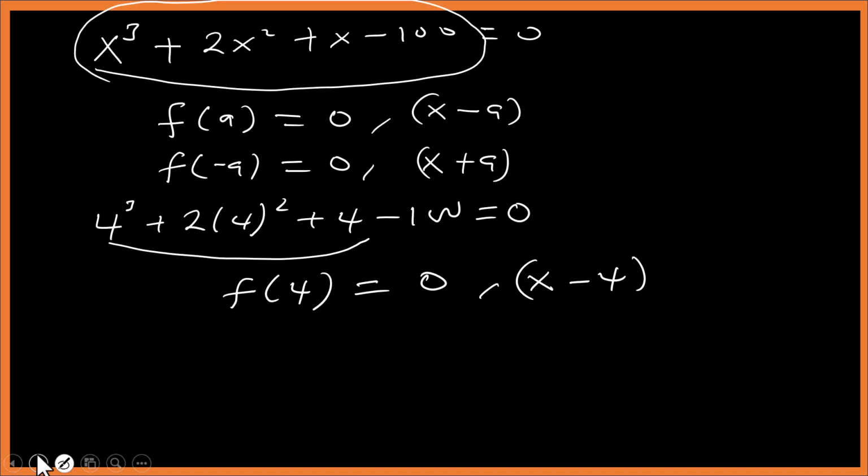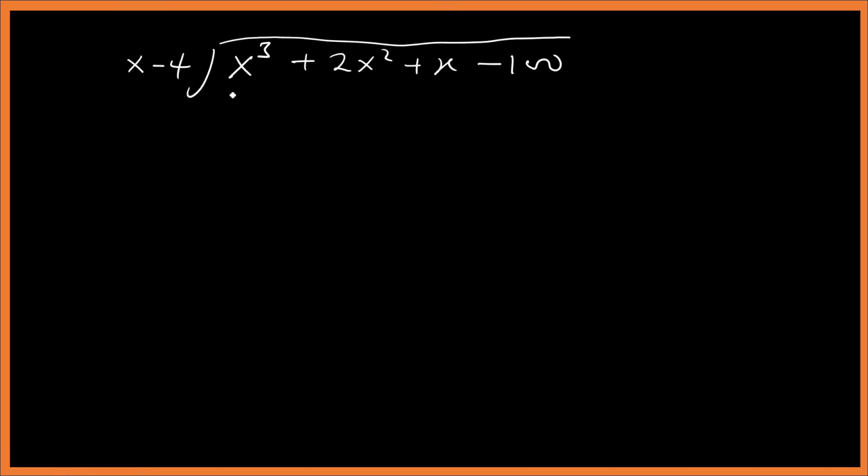Let's confirm. Good, x minus 4. So let's start. x into x cubed is x squared. x squared times x minus 4 gives x cubed minus 4x squared. So let's subtract. This one will go.